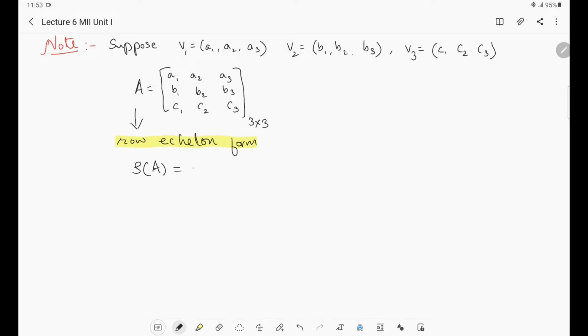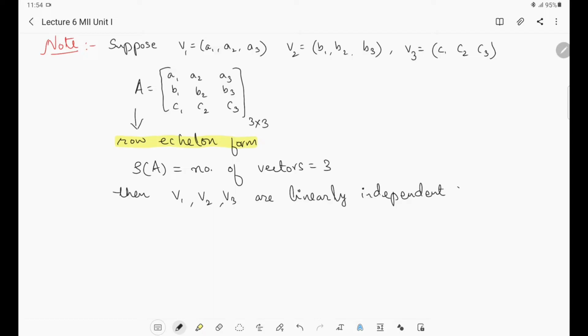If the rank is equal to the number of vectors, how many vectors are given here? 3. So rank of A is 3, that is the number of vectors, then the vectors v1, v2 and v3 are linearly independent.